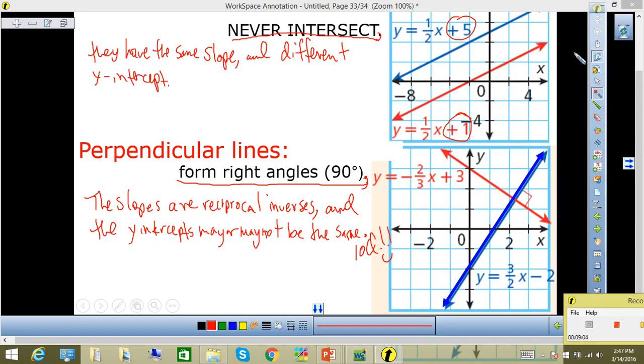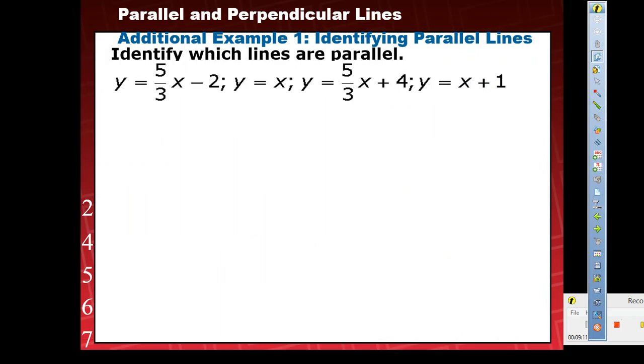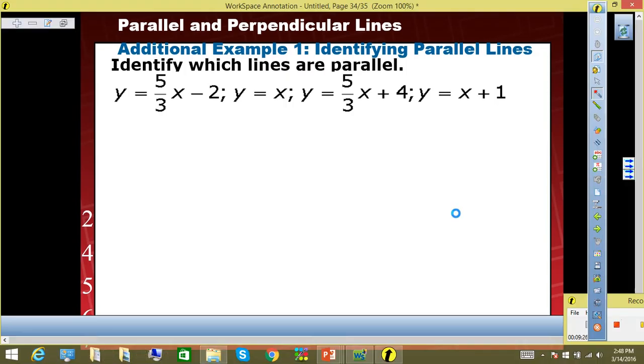All right, example number 1. Copy this, please. Example 1: identify which lines are parallel. Write this equation down: y equals 5/3 x minus 2.